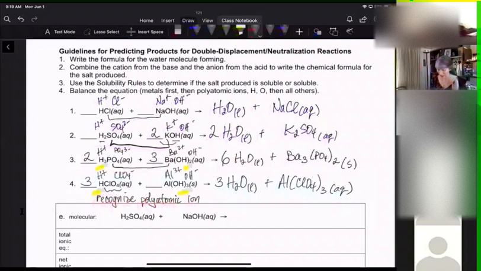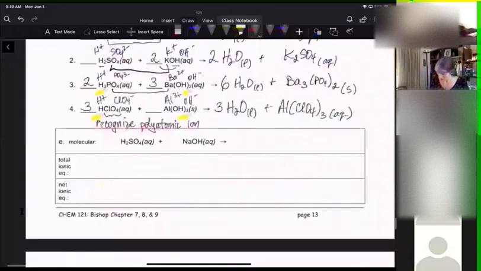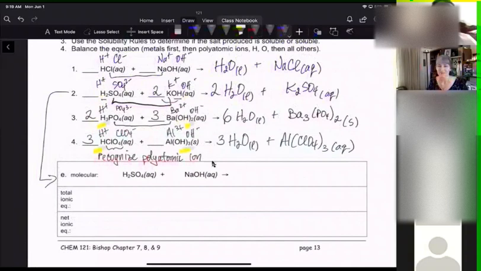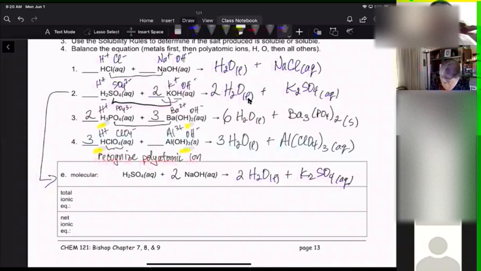Okay, so let's look at the net ionic equation. This is for number 2 up here, so I'll go back to purple for that one. All right, we already did this one, got it balanced. Oh, it's different, it's got a sodium instead of a potassium. Because this is aqueous, we're going to write it as ions. There's 2 H pluses and 1 sulfate.